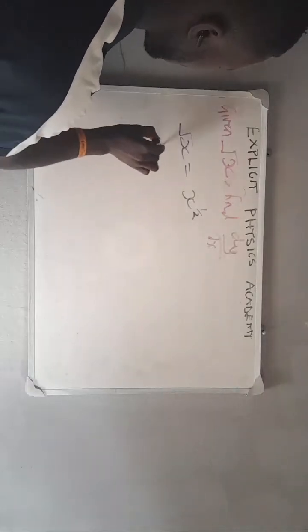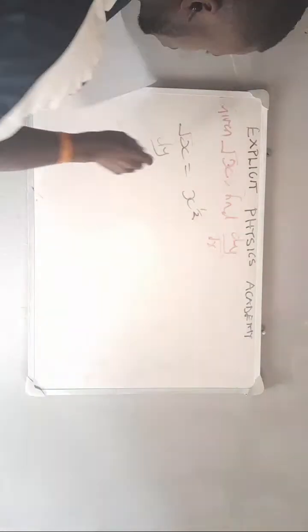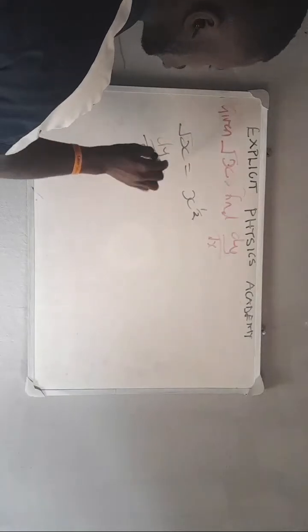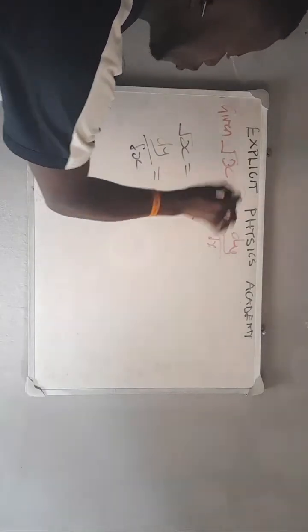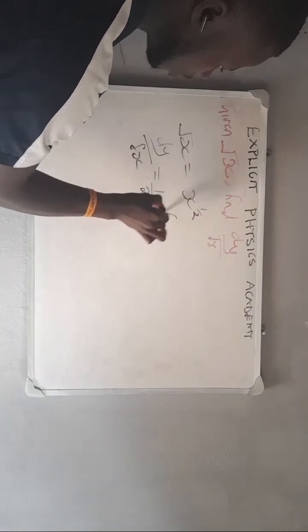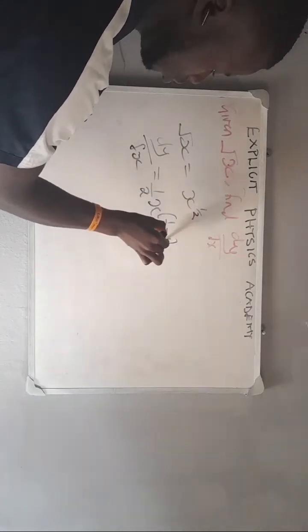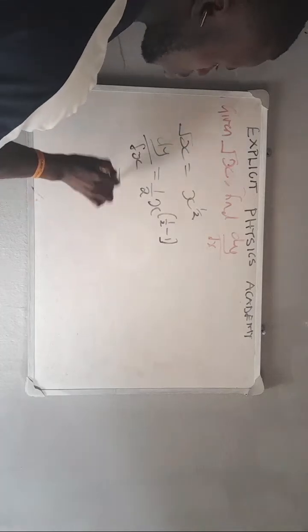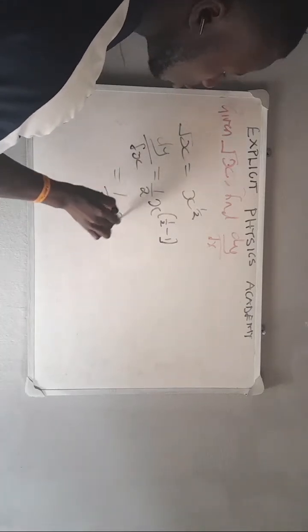If you now do this, we are going to have dy/dx equal to, if you put this power down, 1 over 2 x to the 1 over 2 minus 1, which is equal to 1 over 2 x.